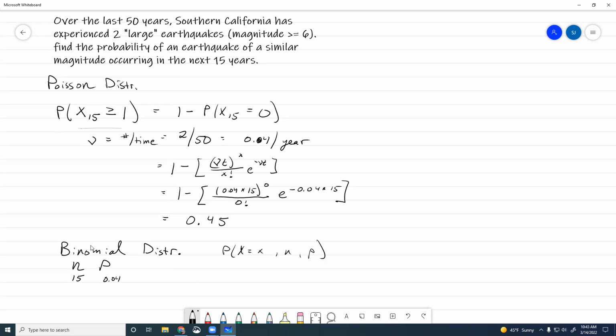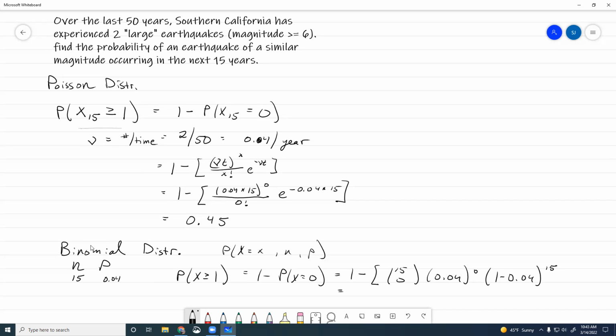So we'll write it out again. The probability that x is greater than or equal to 1 is equal to 1 minus the probability that x is equal to 0. Then we can do our binomial distribution. That's going to be 1 minus 15 choose 0, times 0.04 to the 0, times 1 minus 0.04 to the 15, which is n minus x.